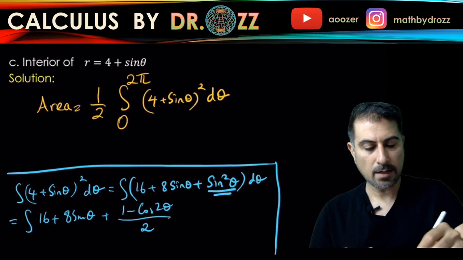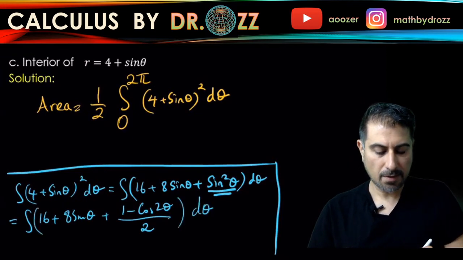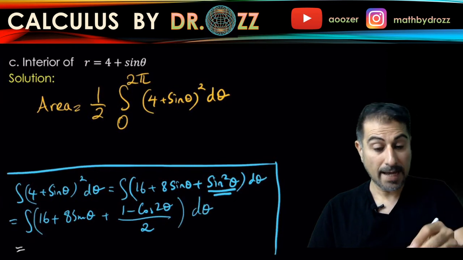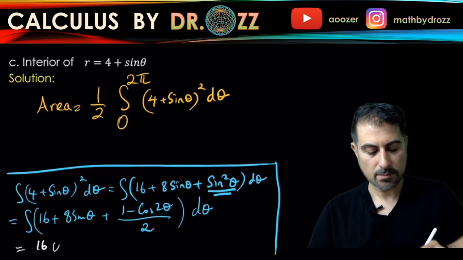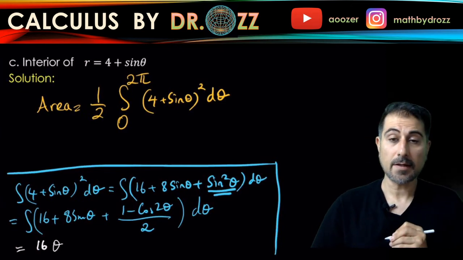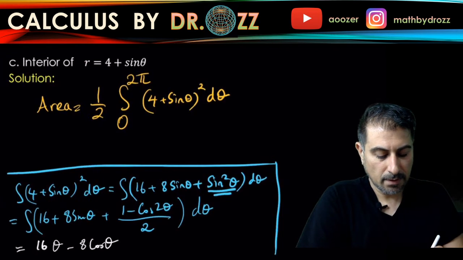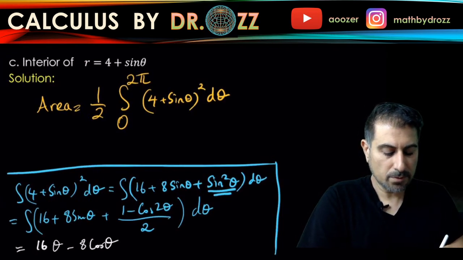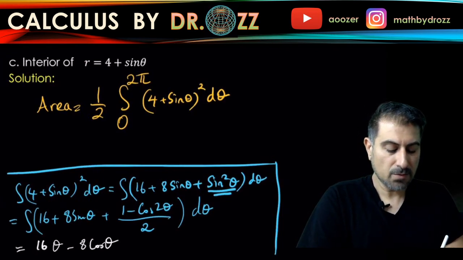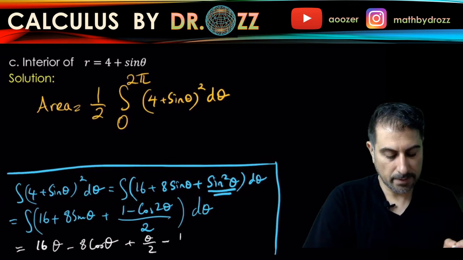Now we can finish the integration here. So this is 16 theta minus 8 cosine theta, that's what the integral of sine is, negative cosine theta, plus theta over 2 minus 1/4 sine 2 theta.